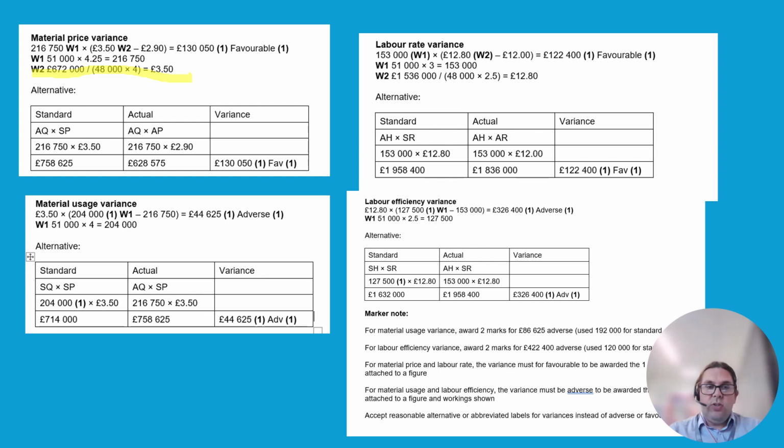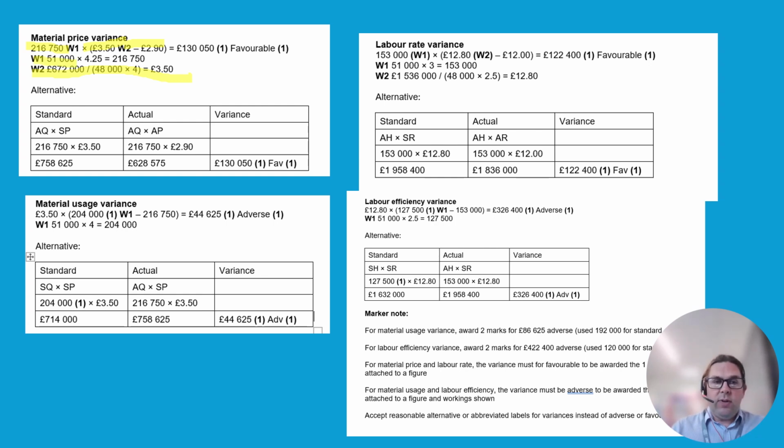So 672,000 divided by 48,000 times 4, which is 192,000 kilos, gives you your expected or standard price of £3.50 per kilo. So one way you could do it, you can say we should have paid 350. We did pay 290, so we can already see it's favourable because we're paying 60 pence less per kilo than we thought we would. We multiply that by the amount of material we bought, which is 216,750 kilos.